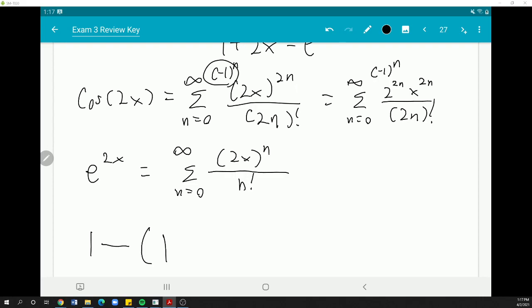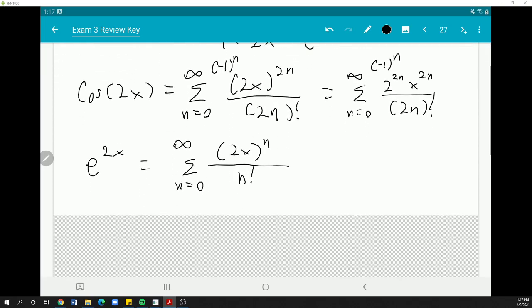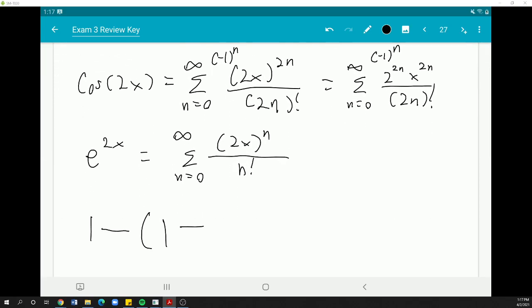So I get minus 1, so it's going to be minus 2x. Just plugging in x, so 2x to the 1, so minus 2x over 2 times 1 factorial. So 2x over 2 factorial, and I think that should be enough, but let's just do one more.